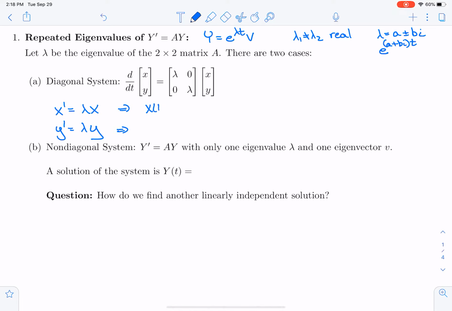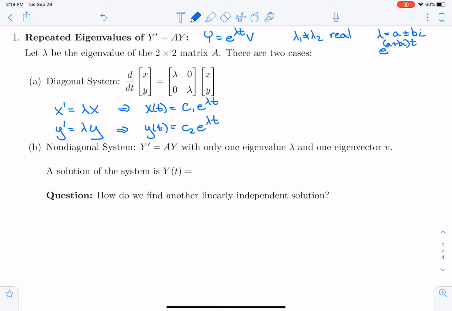x of t is just a constant, maybe we'll call that constant c1, times e to the lambda t, and y of t is another constant, we'll call it c2, times e to the lambda t. And so what we really have is not a system of differential equations, but just two unrelated differential equations.